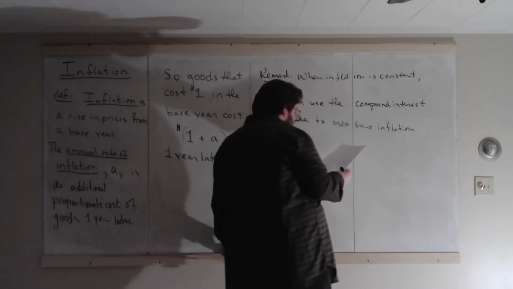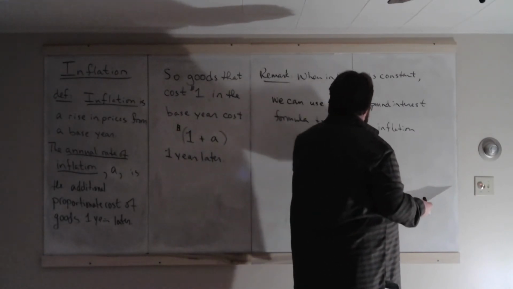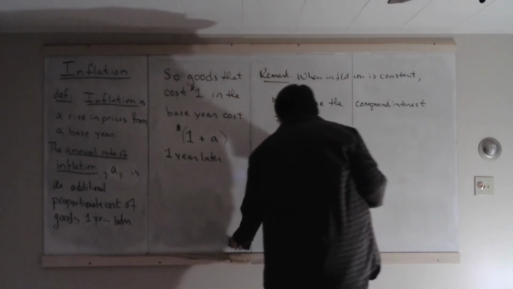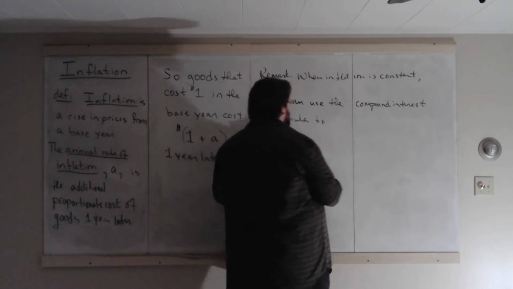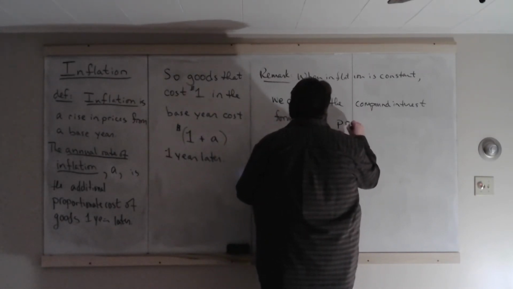Maybe I should say it the way I wrote in my notes. We can use the compound interest formula to project prices. That's a better way of saying it. So if we know that inflation is constant across, say, 5 years, we can use the compound interest formula to find how much something costs 5 years later.